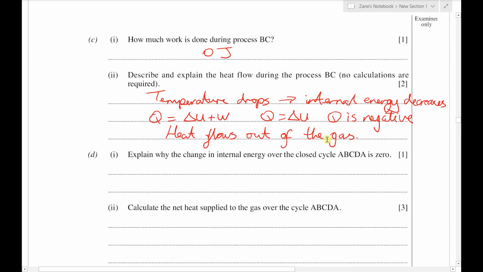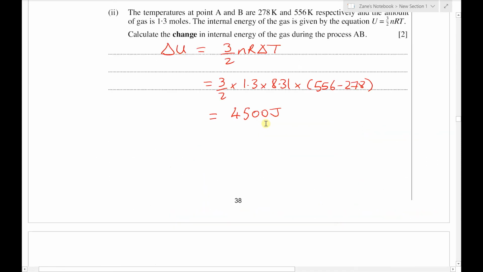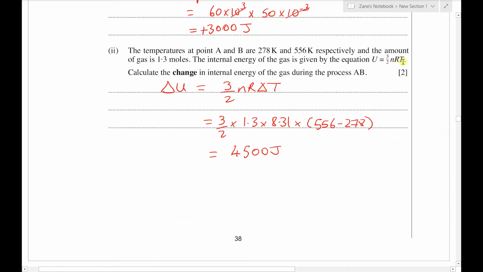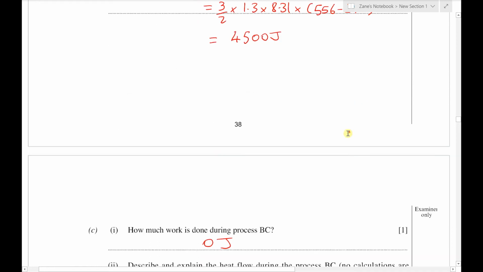Next, we've got to explain why the change in internal energy over the whole cycle ABCDA is 0. Well, we start off at point A at a certain pressure, volume and temperature, and we finish at point A at the same pressure, volume and temperature. And we know that the internal energy is directly proportional to the temperature. That's from this equation, 3 over 2 nRT here. 3 over 2, n and R are obviously all constants.